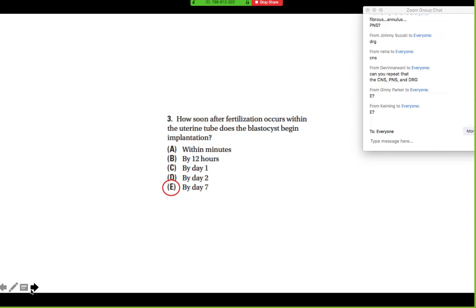Right, so the correct answer would be E, by day 7. Implantation has started. So if you were going to know any specific days, I would say this one might be an important one to keep in mind.